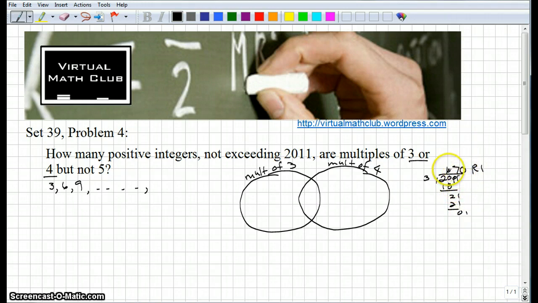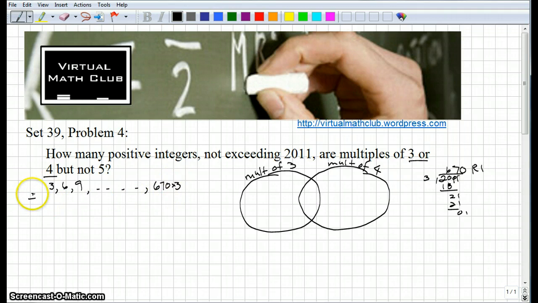So 670 times 3 is less than 2011, and 671 times 3 is going to be greater than 2011. I'm not going to worry about multiplying that out. I'm going to write it as 670 times 3. That's our last number.